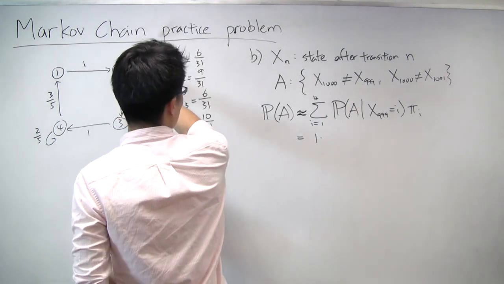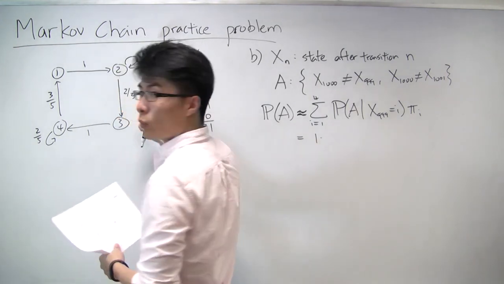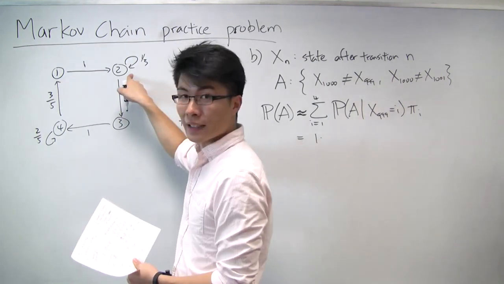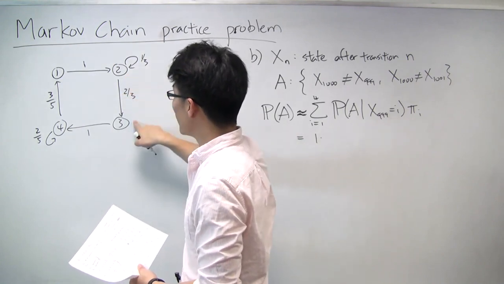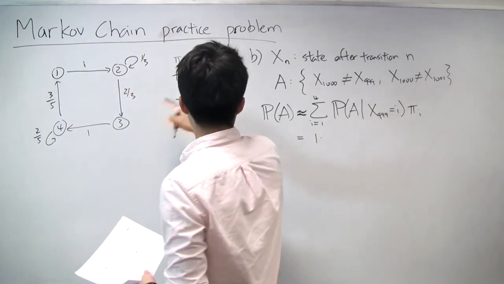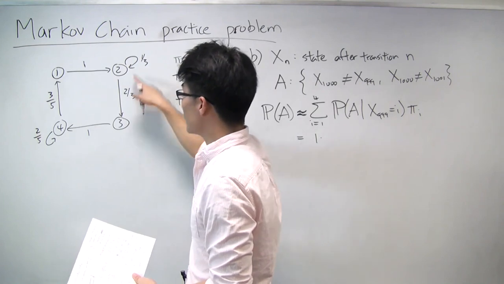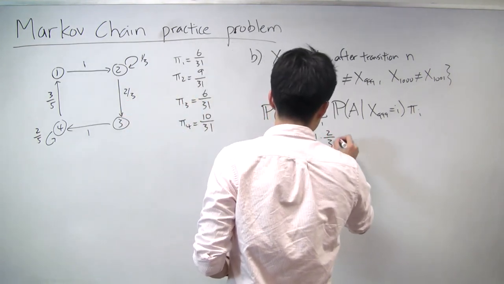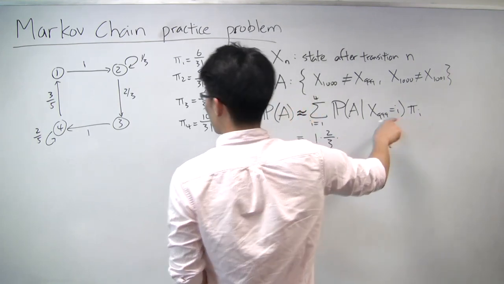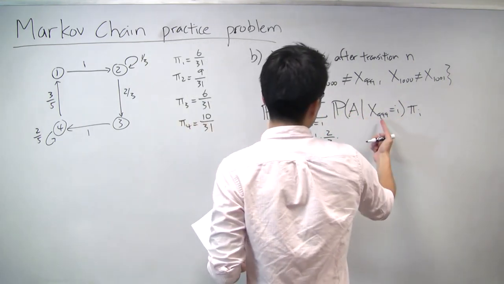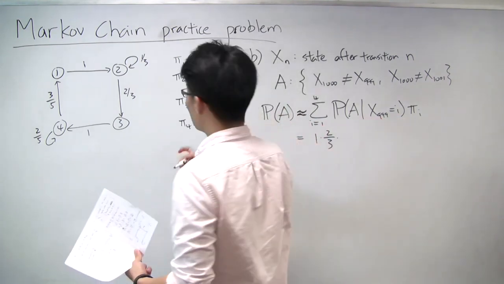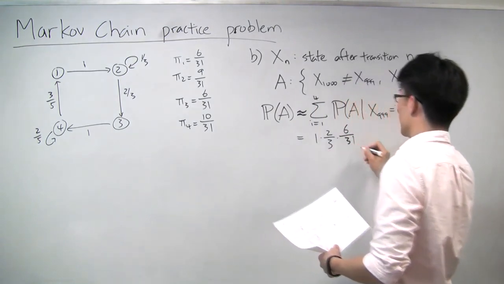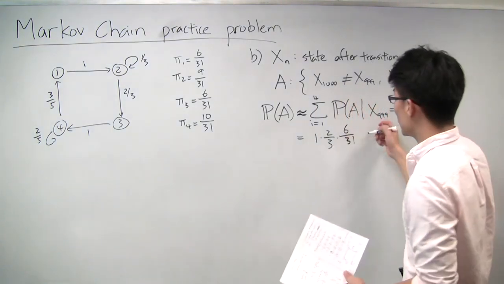Now you also want X1000 to be different from X1001. Well, X1001 can be state 2 again, if you do a self-transition, or state 3 if you transition away. You want it to transition away to state 3. That happens with probability 2/3. And then the last thing is, what is the probability that you're in state 1 after 999 transitions? We approximate that using pi 1, which is 6/31. So that is the first part of this.